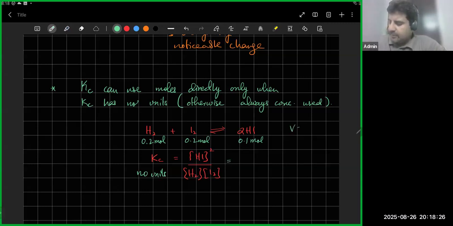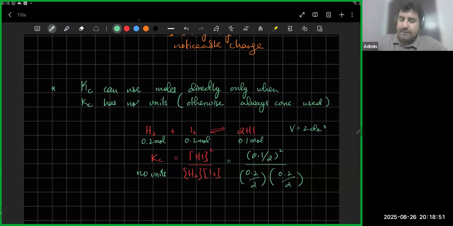So let's say even if the volume is 2 dm cube, it doesn't really matter what the volume is in this case, because the concentration in the numerator would be 0.1 divided by 2 mol per dm cube, squared, divided by H2, which would be 0.2 moles divided by the volume of 2 dm cube, and I2 is also 0.2 divided by the volume, which is 2 dm cube. Now, if the number of terms in the numerator and the denominator are equal, then the 2 is of no use, because there are equal numbers of 2's in the numerator and in the denominator, so they're going to get cancelled out.